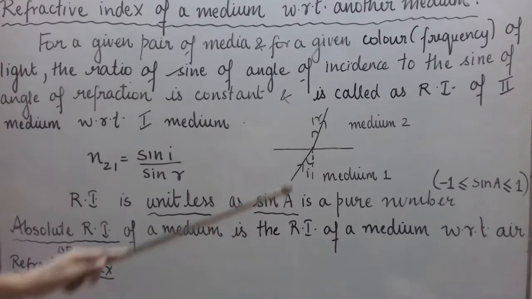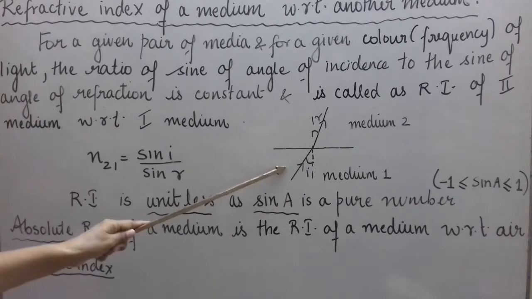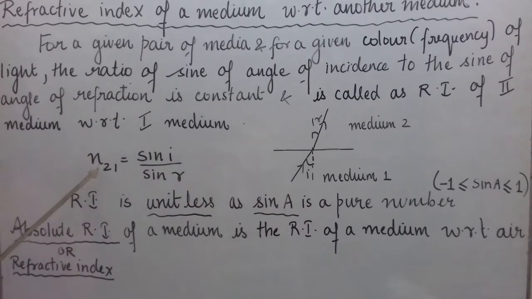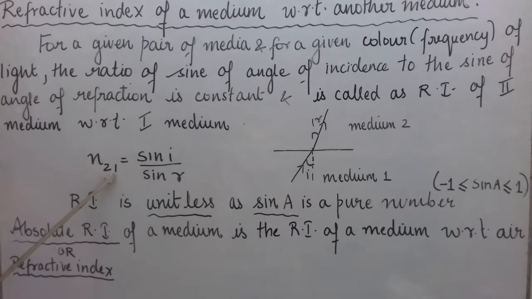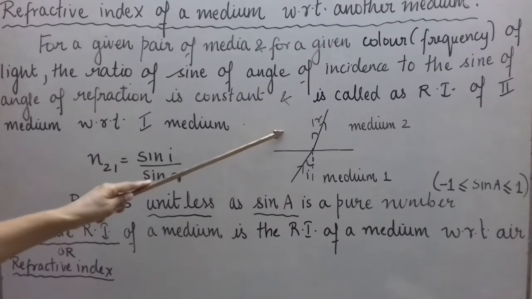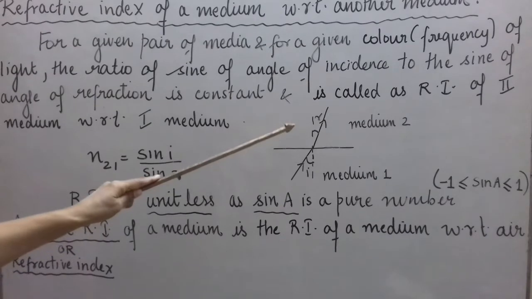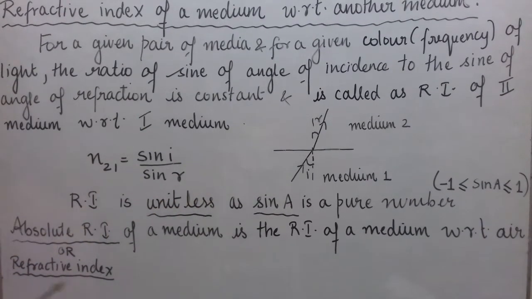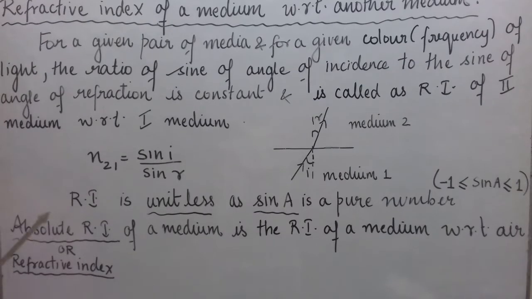So if I consider the first medium to be air, then instead of saying refractive index of medium 2 with respect to air, let us say the second medium is glass, refractive index of glass with respect to air, I will say simply refractive index of glass or absolute refractive index of glass.